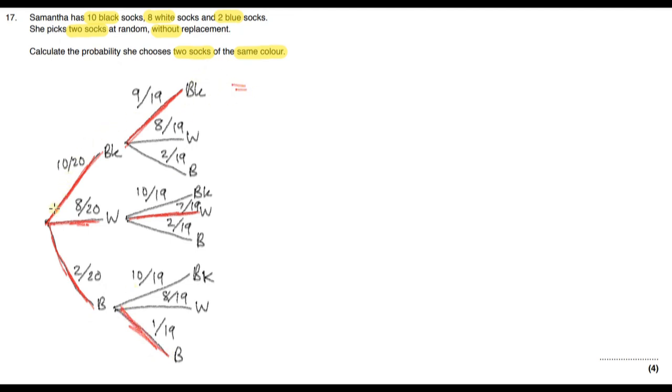So when we're calculating probabilities of multiple events, we need to multiply the probabilities. So it's going to be 10 over 20 times 9 over 19. This one is going to be 8 over 20 times 7 over 19. And this one down here is going to be 2 over 20 times 1 over 19.